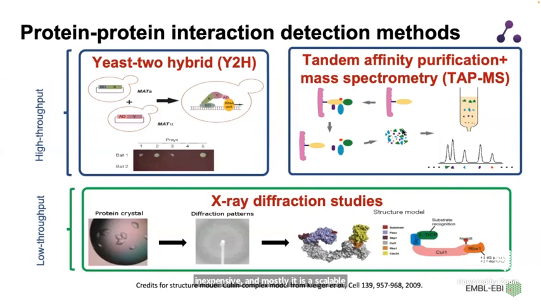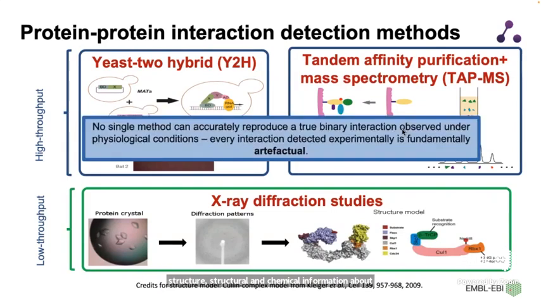Tandem affinity purification mass spectroscopy will detect multi-protein interactions, what we call n-ary interactions. There are other interaction detection methods that are less amenable to high-throughput setups, but they are used in small-scale studies, and they provide more detailed structural and chemical information about the interaction.